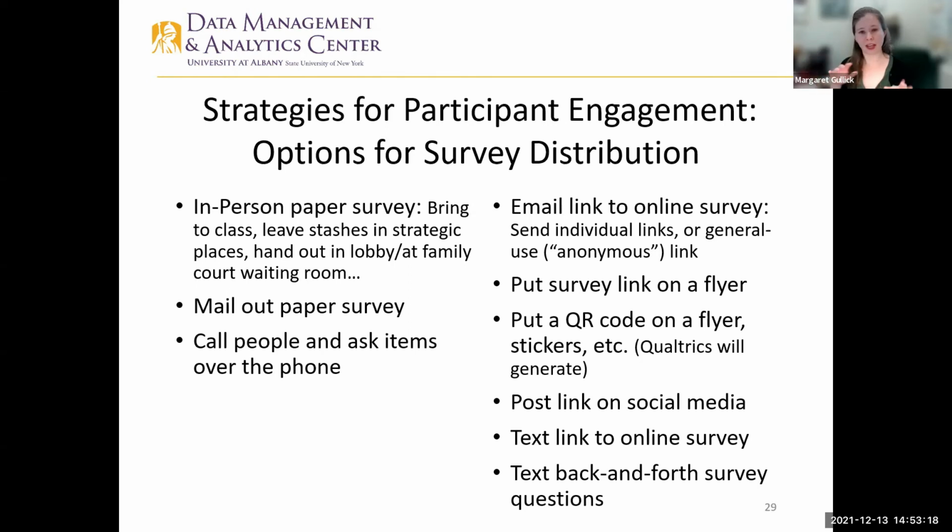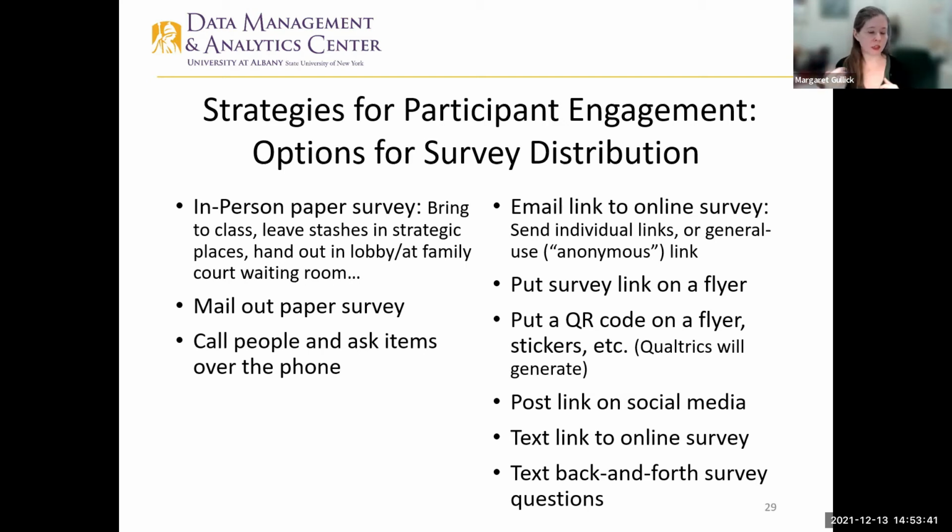But I want to note here, I've kind of organized these as less to more technology, but none of these are bad options. As we noted, we do stuff in the first column. We do in-paper surveys. We mail stuff out. We do a lot of phone surveys. Less technology isn't bad here. It just depends on who you're trying to reach and how is going to be best to get in touch with them.